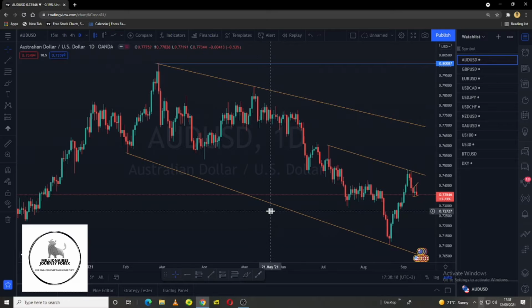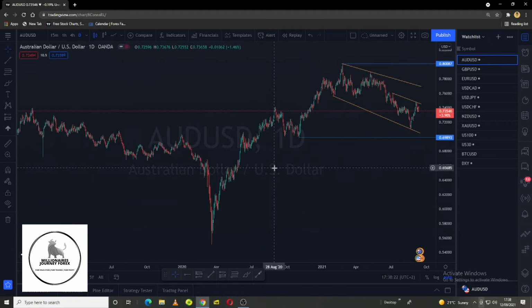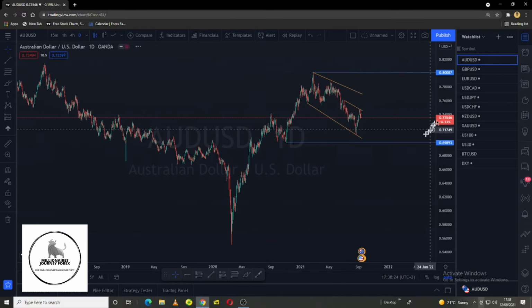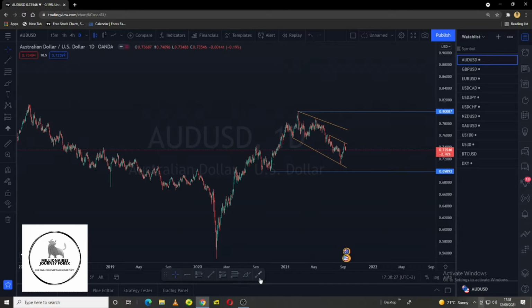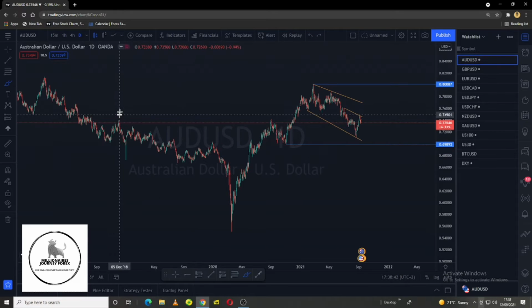We will start with AUD USD. On AUD USD, as we can see on a daily time frame, we have this descending pattern, which means we might be looking to buy this pair, but you need to understand that it will take time, but the pattern is there.